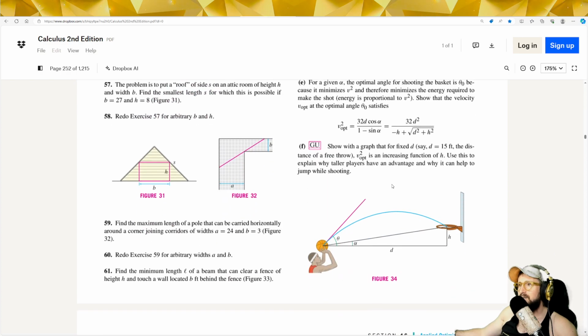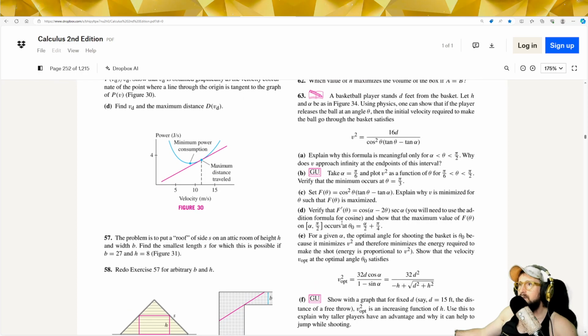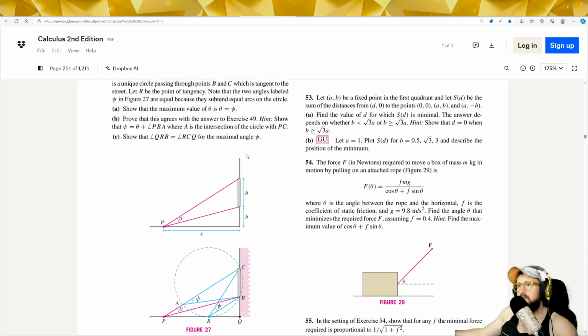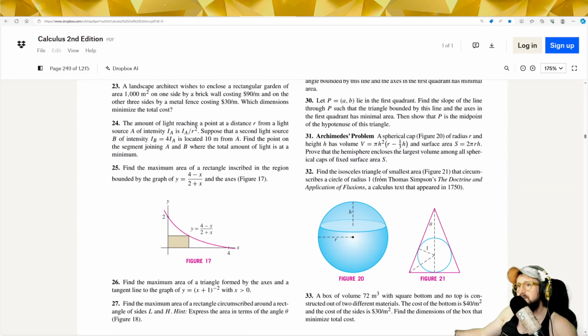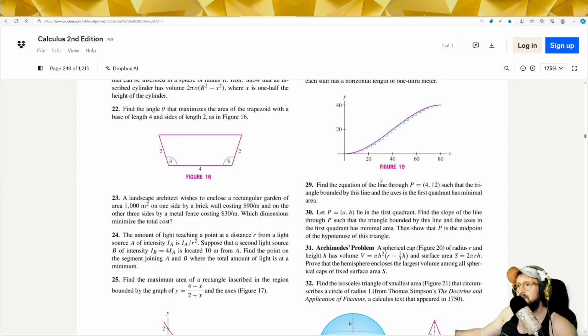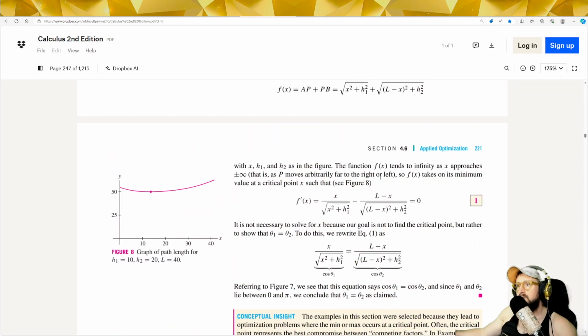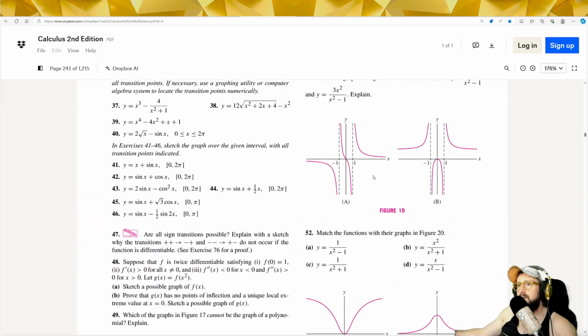Where are they mentioning figure 34 though? Let H. Using physics, one can show that if the initial velocity to make the ball go in the basket satisfies that. Oh wow, that's cool. It's kind of tricky actually. I want to have something easy, something as simple as a parabola. No, I don't want this. No, not this. One second, we're gonna find it.